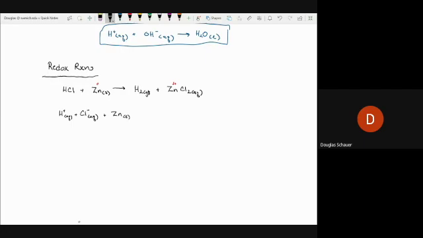The zinc metal is not going to do anything. Neither is the H2. And then the zinc chloride, because it's soluble, can break up into Zn2 plus and 2 chlorides.